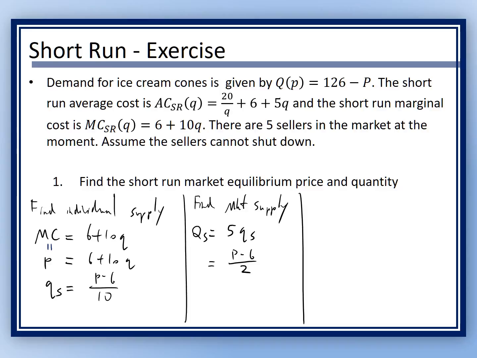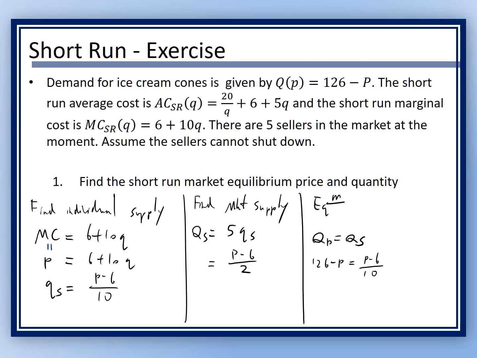Finally, you have the equilibrium. The equilibrium is QD equals QS. So (126 minus P) equals P minus 6 over 10. You can rearrange. So that's 1,260 minus 10P equals P minus 6.